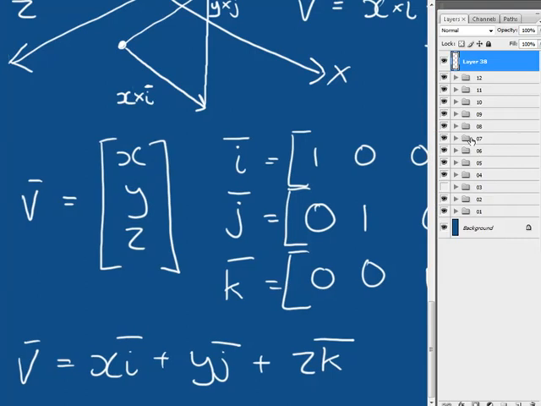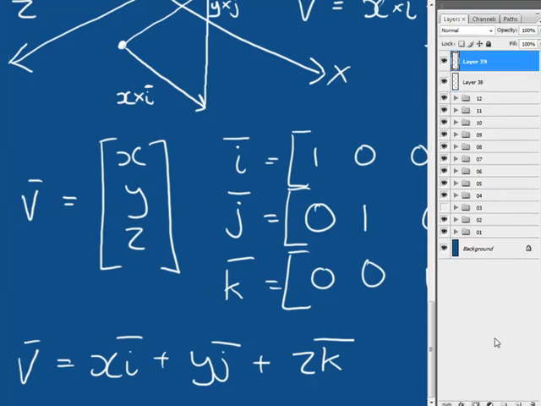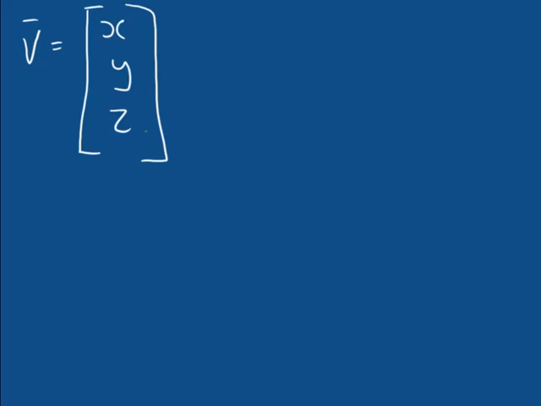So if I was to bring up a new whiteboard, and I am going to quickly rewrite that if we have a vector v equal to x, y, and z, then we know v is equal to x times i plus y times j plus z times k.